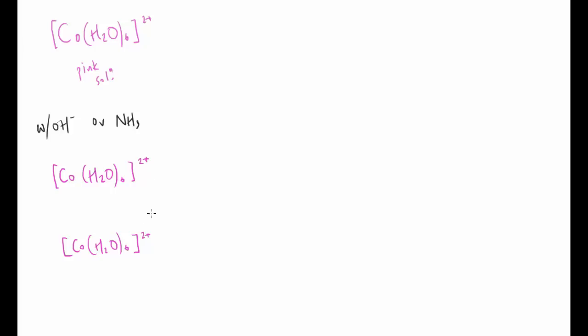So we react this ion, the cobalt hexaaqua ion, with OH minus at the top, and NH3. That's a weird black, isn't it? It's like a grey. With this, what we're going to produce is, I'll try and get a nice colour, yeah, we'll go with that.